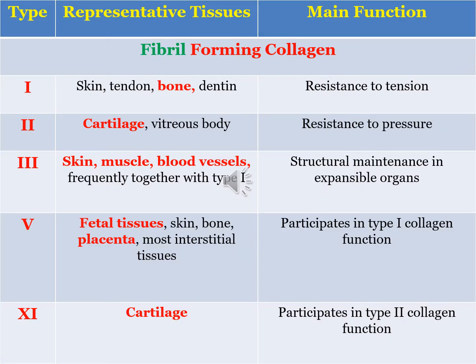As we have discussed, there are about 20 to 28 to 30 families of collagen that exist in the vertebrates. The most important ones we are going to discuss, and they can be grouped into different categories according to the structure formed by the interacting subunits of the amino acids.